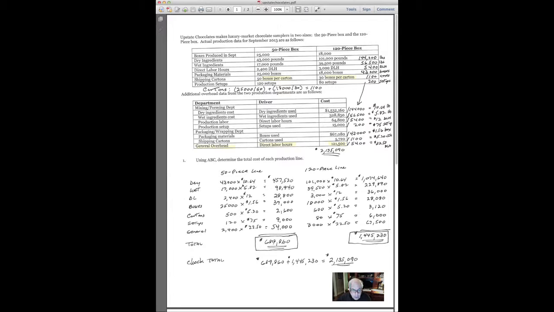So the first thing you need to do is figure out the activity rates for each one of those 7 cost pools. And I told you that on more than one occasion when we were working the problems in class, particularly C5, okay? So the first thing you need to know is the totals of the amounts that are used.